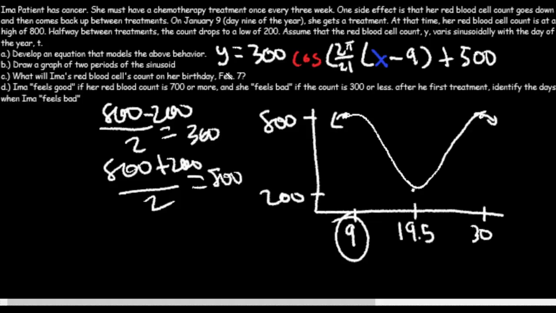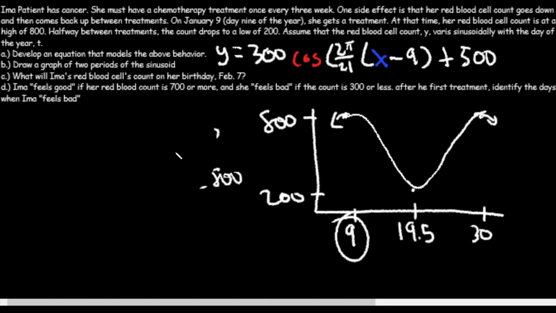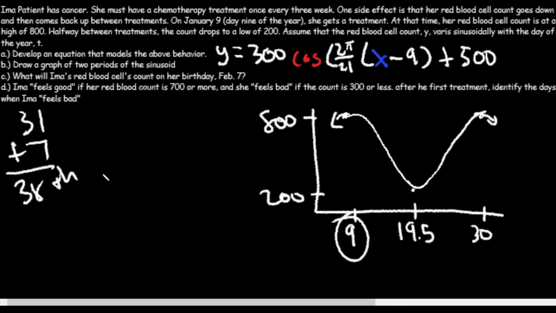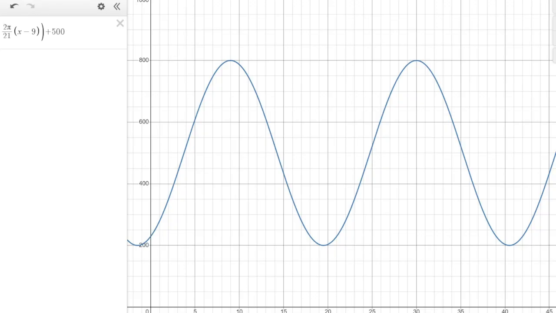So right here we have already finished the first 2 questions: draw a graph that has 2 sinusoidal periods. And number C, we need to figure that out. So February 7th, her birthday, would be, January has 31 days, plus 7, it will be 38, the 38th day. So we can just switch to Desmos real quick and find the 38th day.